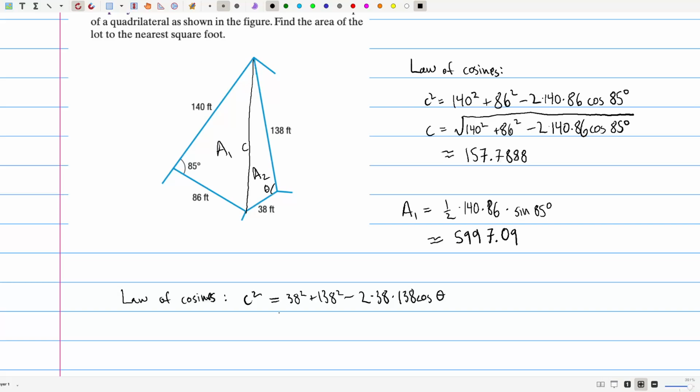And we can then solve. I'm just going to do a bunch of steps all at once. I can add this to both sides, and subtract this from both sides, so 38 squared plus 138 squared minus c squared, and then I can divide by this quantity.